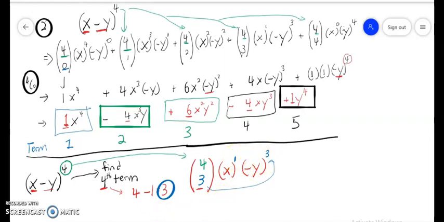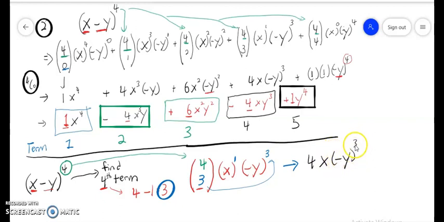Okay, now let us complete this equation. Okay, 4, 3, let me calculate again. You are getting here 4x, this is the same.